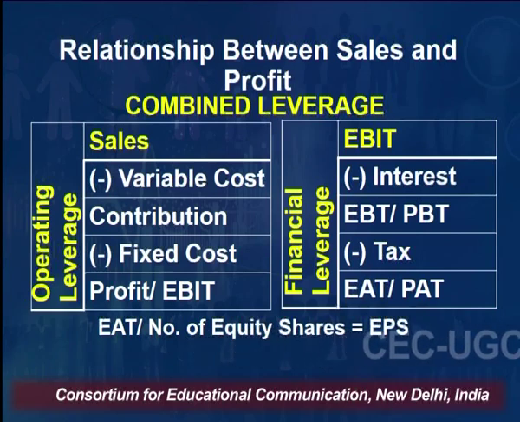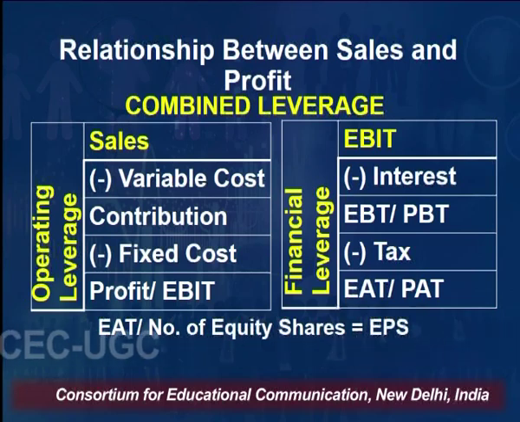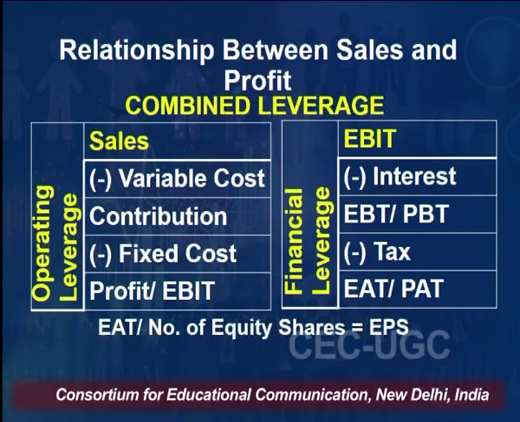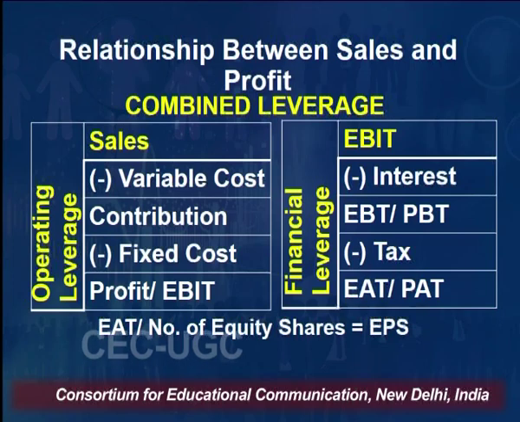After subtracting fixed cost from the contribution, we get operating profit, or we may call it profit, or in financial terms we call it EBIT, that is earnings before interest and tax. This process, where we start from sales and calculate the profit, is called operating leverage.